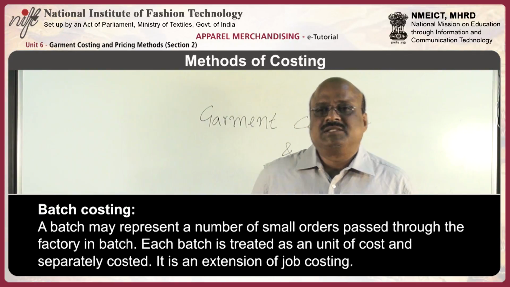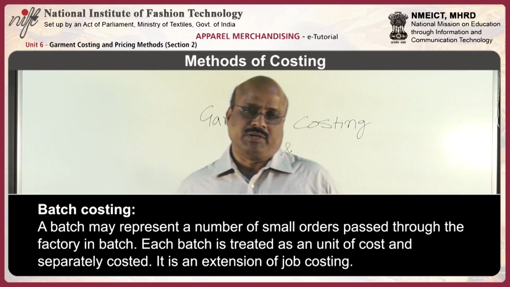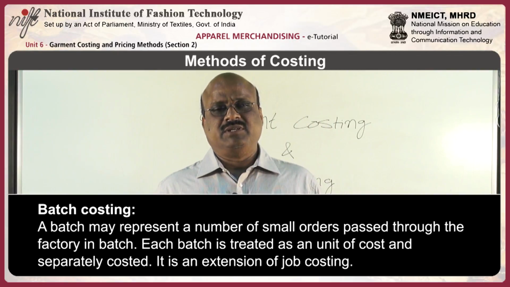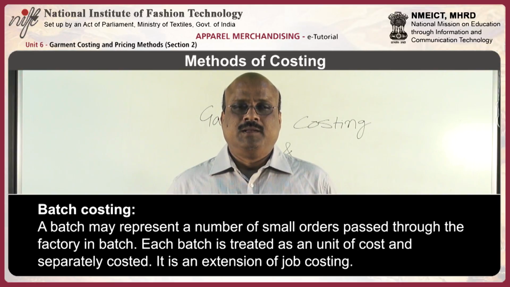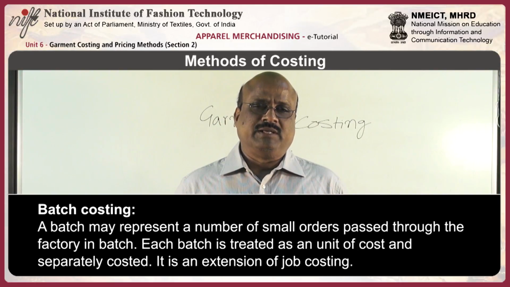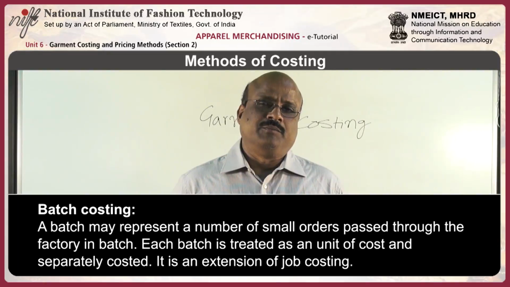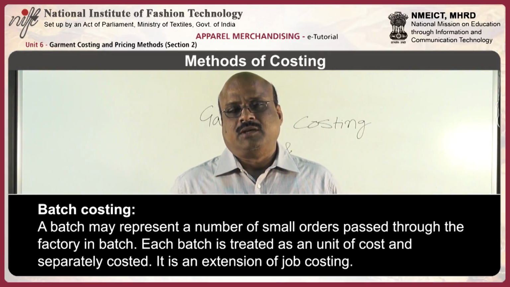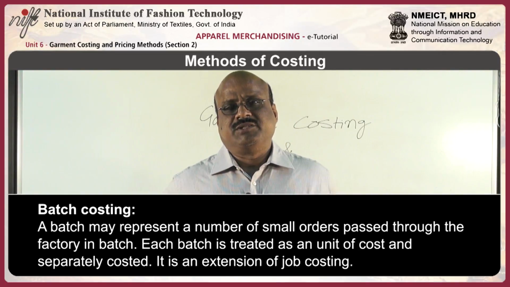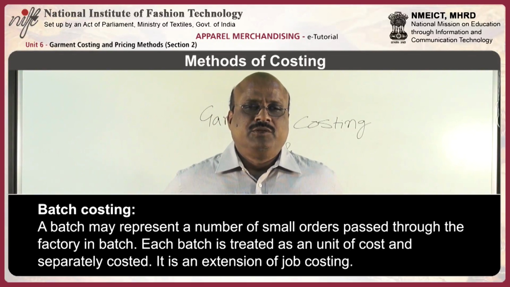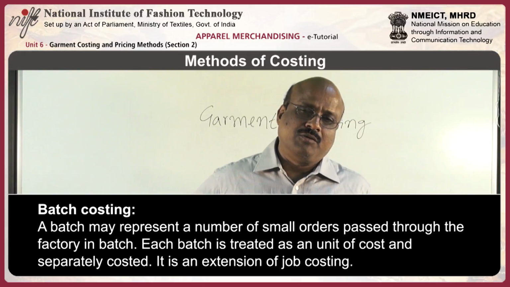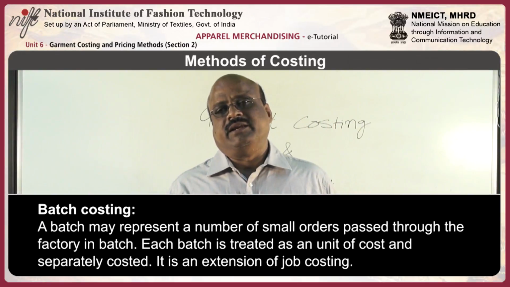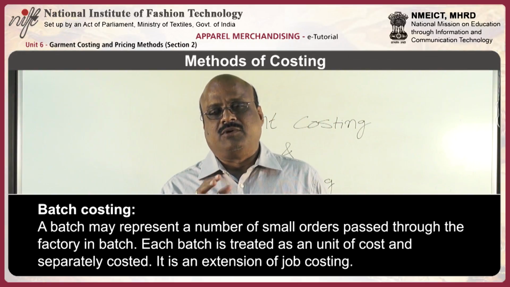Then a batch may represent a number of small orders passed through the factory in a batch. Several orders may constitute one batch, which is processed and produced as a batch. Each batch of production is treated as a unit of cost.